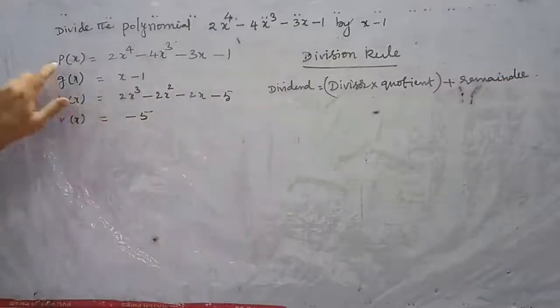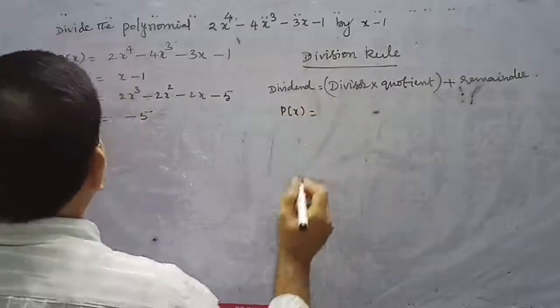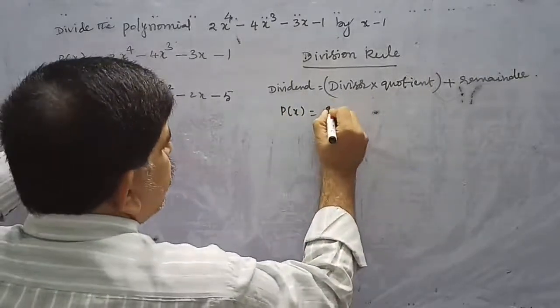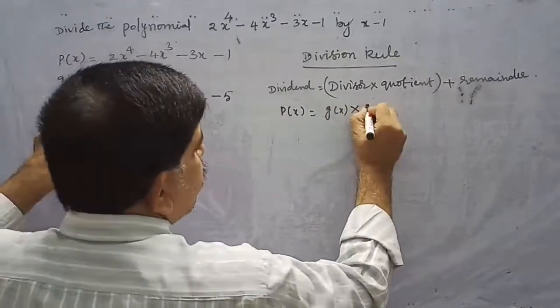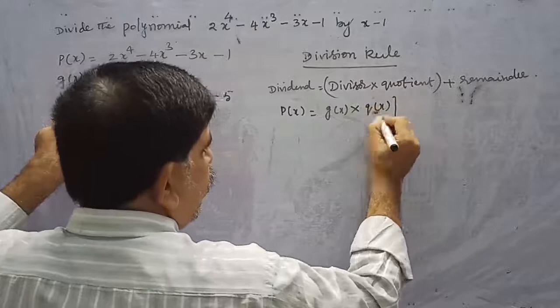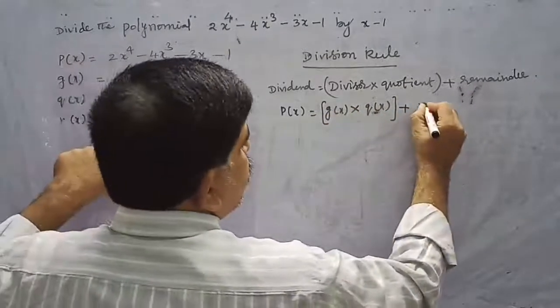Now the dividend P of x. So P of x is equal to divisor G of x into quotient Q of x plus remainder R of x.